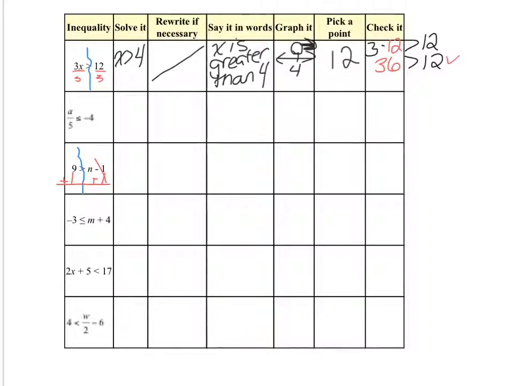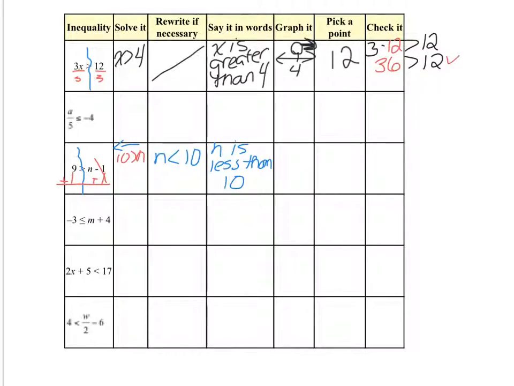So I get 10 greater than n. Okay, in this case, we need to rewrite it because the n does not come first. So I'm going to get n less than 10. So n is less than 10.